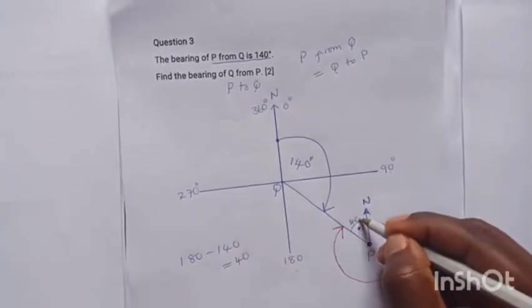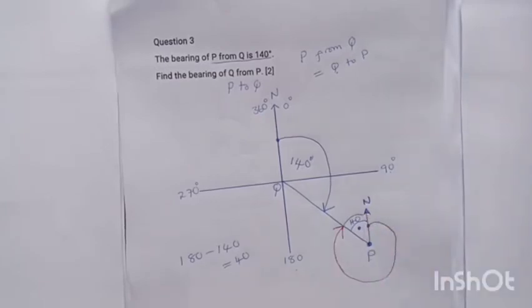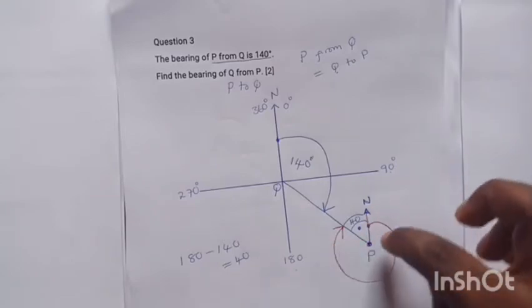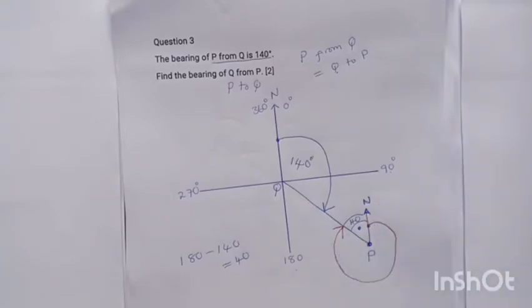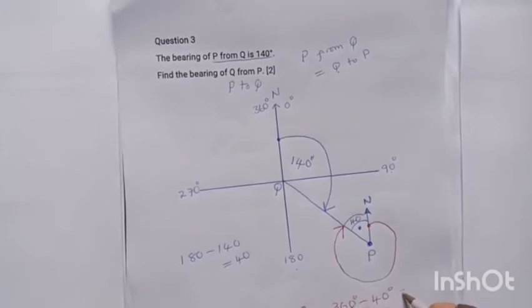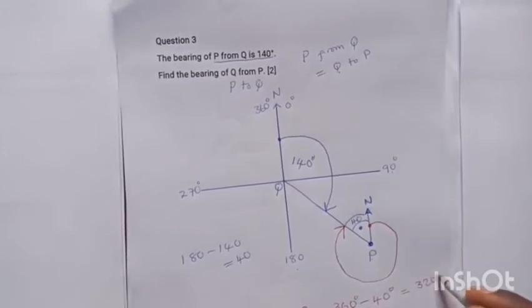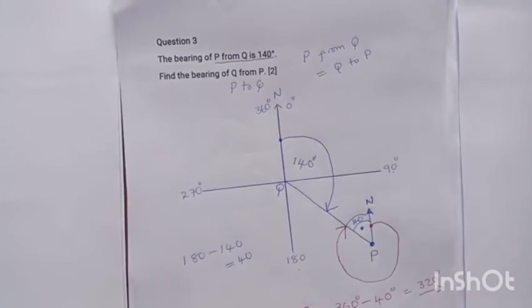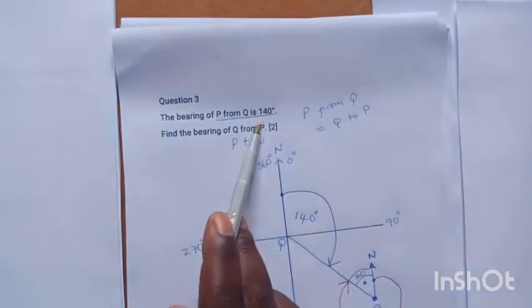So this inner angle at P is representing 40 degrees. So 40 degrees and the required bearing complete a revolution. They add up to 360 degrees. Therefore, my final answer is 360 minus 40 degrees. It gives you 320 degrees, which is representing the bearing of Q from P, so that you get yourself 2 marks.